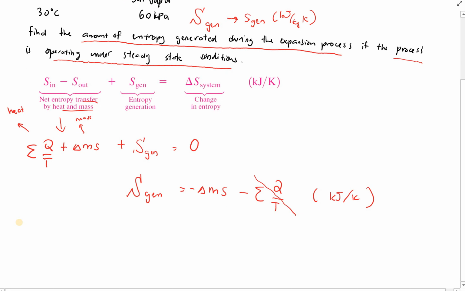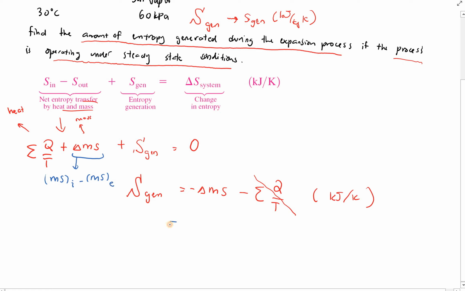You can cancel it out. Only the change of entropy due to the mass transfer remains. This delta ms there refers to ms from the inlet minus ms at the exit point.